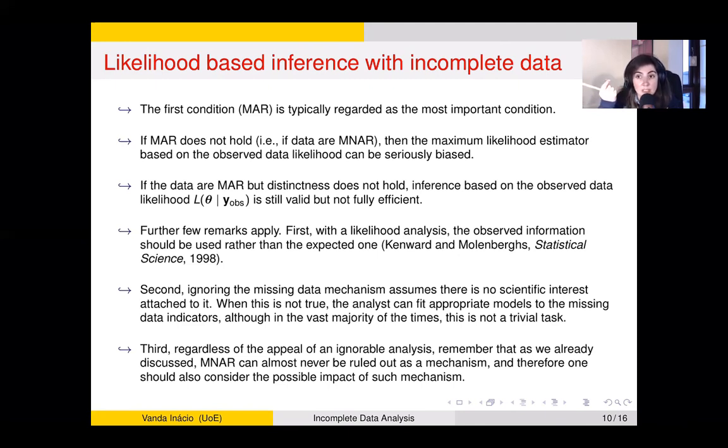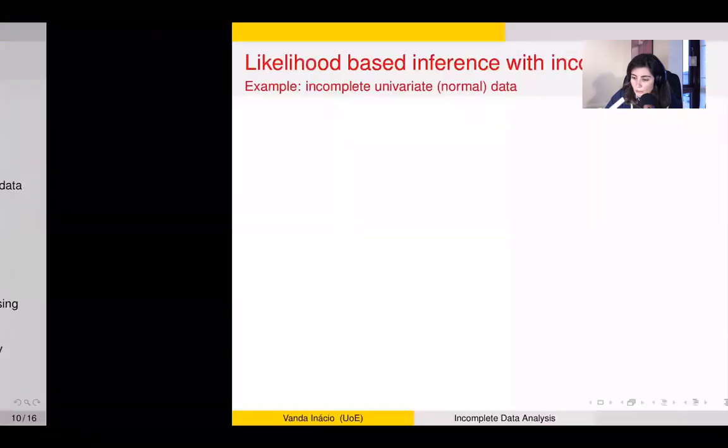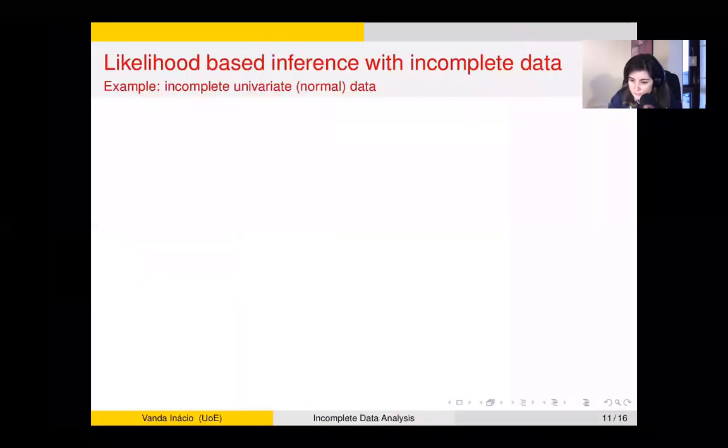Missing at random is an assumption that we have to make, but we cannot verify it from our data. So there is always that ghost when we are using the MAR assumption, but let's live with it in this course.